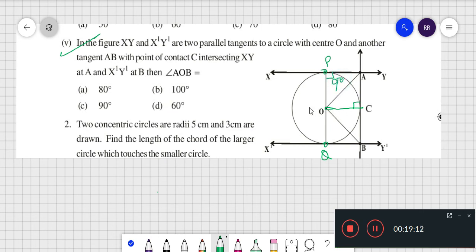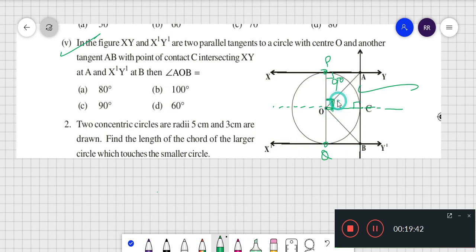Okay, children. Suppose, imagine this is a parallel line like this. So this is also perpendicular to this. So these lines are also parallel. This line and this line are parallel. So this is equal to this and this is equal to this. So it becomes a square. In a square, each angle should be 90 degrees.